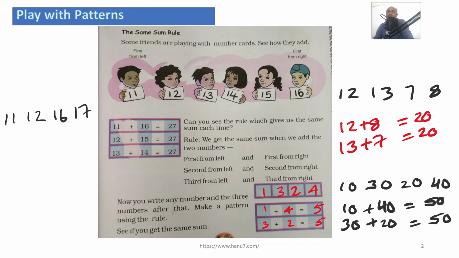One more example: 11, 12, 16, 17 are the numbers. 11 plus 17 is equal to 28 and 12 plus 16 is equal to 28. Like that you have to use this rule to get the equal sum.